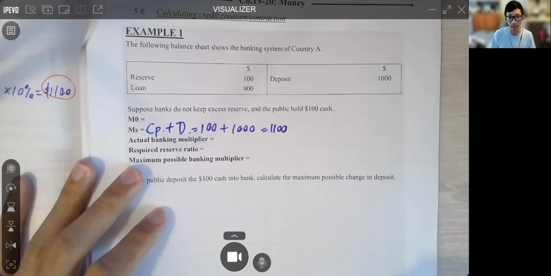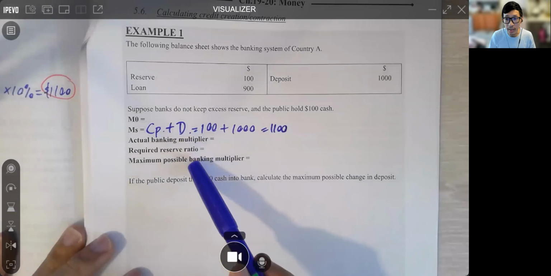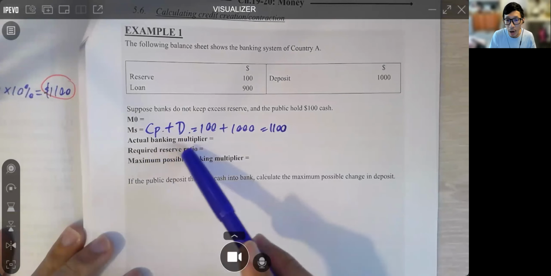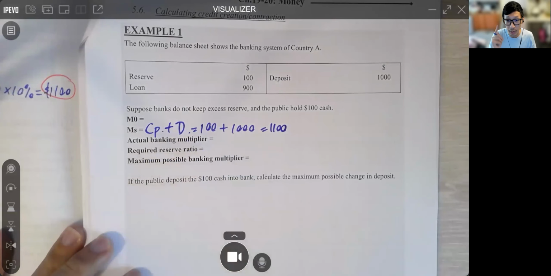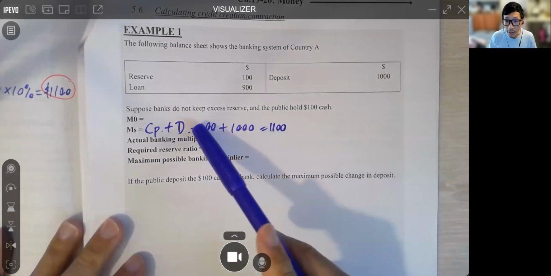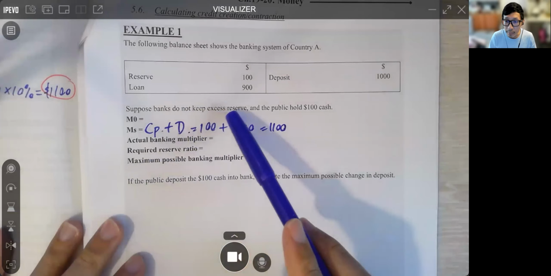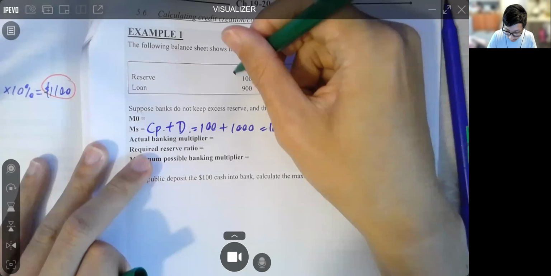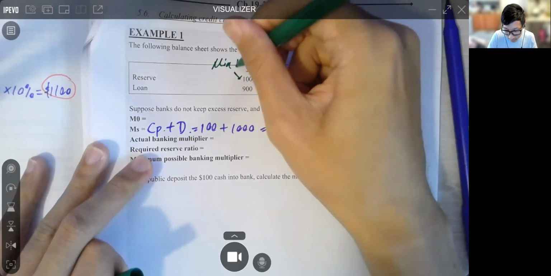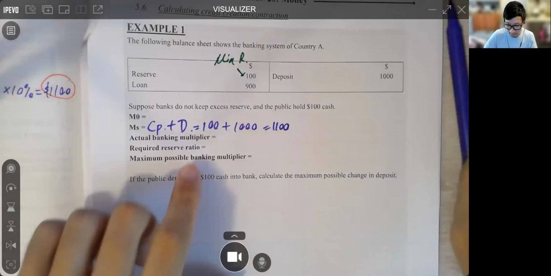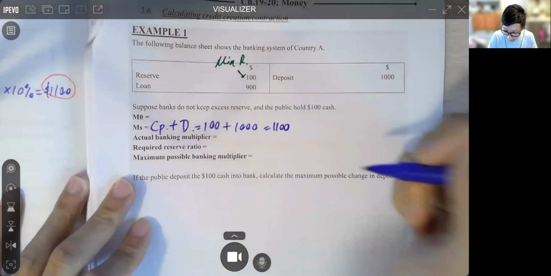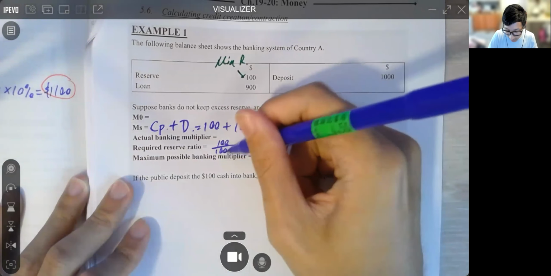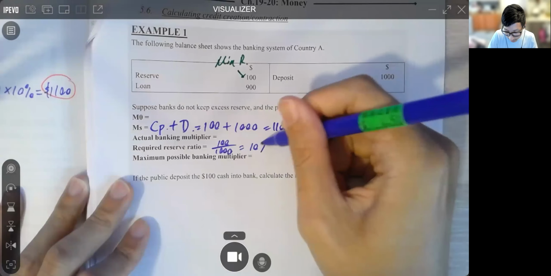OK, now let's deal with required reserve ratio first. 我哋做咗 RRR 先。Since we already said do not keep excess reserve, so this 100 already is the minimum reserve. 於是要計個 RRR 好容易啫，would be the minimum reserve divided by deposit would be 10% in our case.